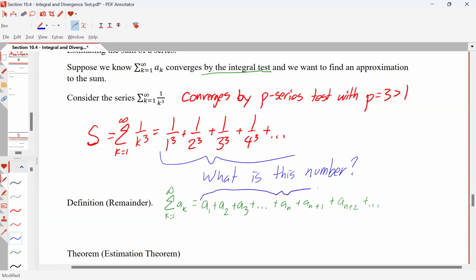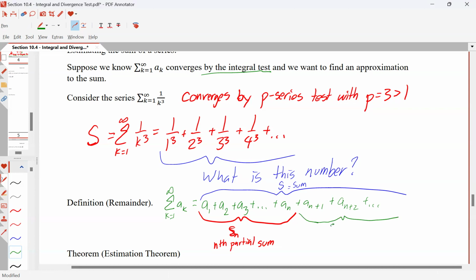All of these things added up to infinity is S. It is the sum. However, if we just look at the first n terms, we actually have a name for that already. We've called that S sub n, or the nth partial sum. The remainder of everything else that's not part of the nth partial sum is the nth remainder.